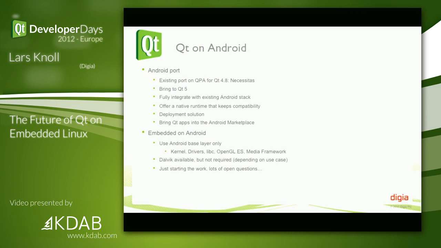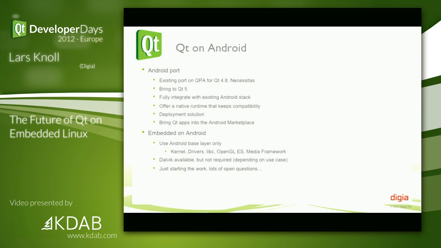But then there's a second piece that we want to look into, and that's embedded on Android. We want to go back and see, can we do something where we only use the Android base layer? As I said, many chipset manufacturers, when you ask them for a chipset, say they have some chipsets, and if you look at what they support, you usually get as an answer, we have an Android stack for that chipset. You could use that.